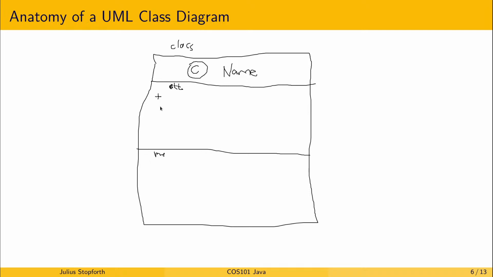So if it's accessible outside of the class, we will have a minus if it is accessible only inside the class, so private. And I think square is protected. I'm not 100% sure. I'll have to double check for you. So then you have the plus or minus. So this is the access type, right?